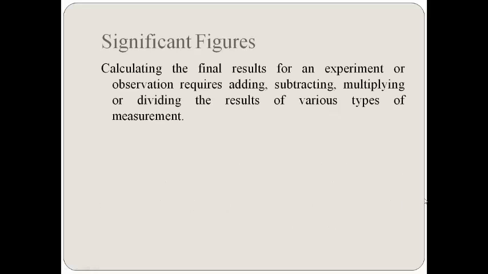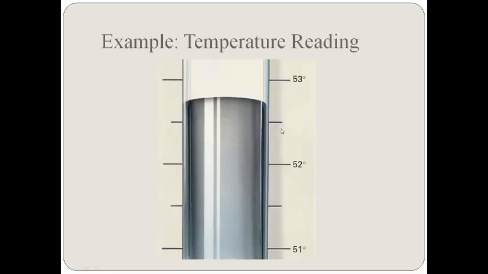Calculating the final results for an experiment or observation requires adding, subtracting, multiplying, or dividing the results of various types of measurements. So these are really important. Significant figures are really important when we add, subtract, multiply or divide different measurements, different values.